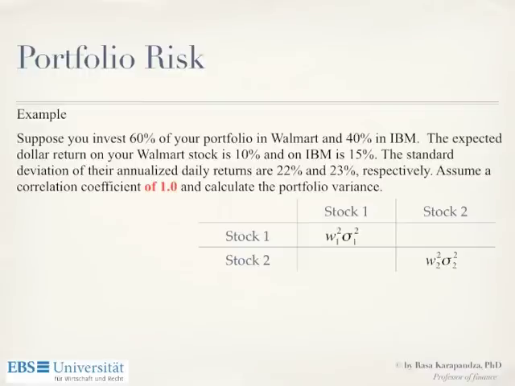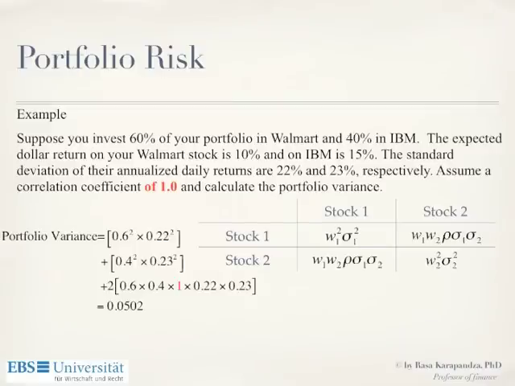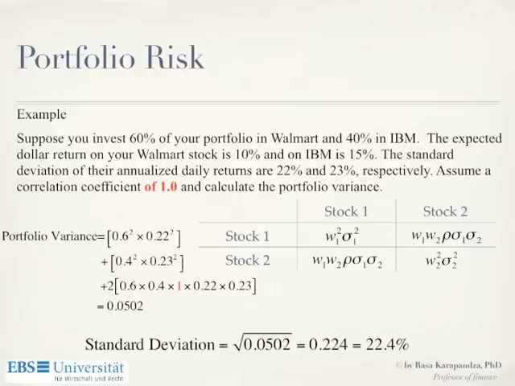Then the first two elements are exactly the same. In the last element, you change 0.8 for 1, you get a different variance, and you get a different standard deviation. But now the standard deviation is going up. So as the correlation goes up, the risk goes up. The more these stocks are correlated, the more risk we get.